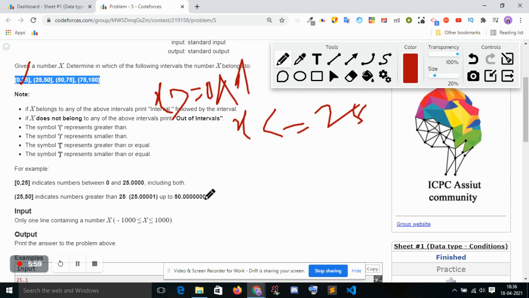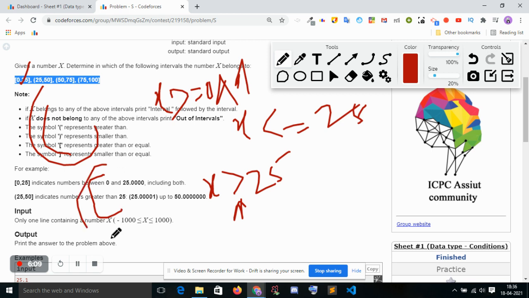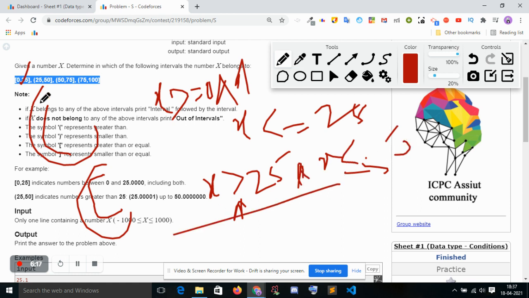And again, else if x is greater than 25, it should not be included here because this means not included, and this means included, and x less than or equal to 50. Again this thing, again this thing, and whatever is left is out of interval. Try it on your own. If you have doubt, we'll definitely tell that.